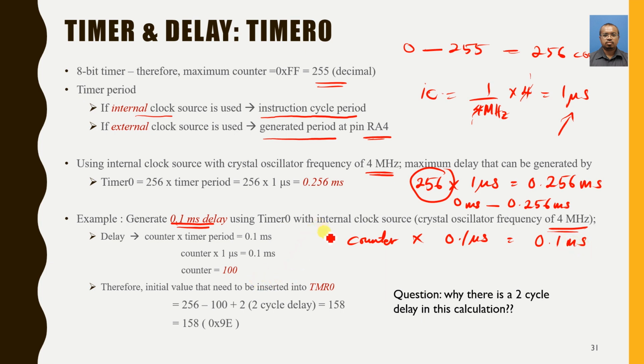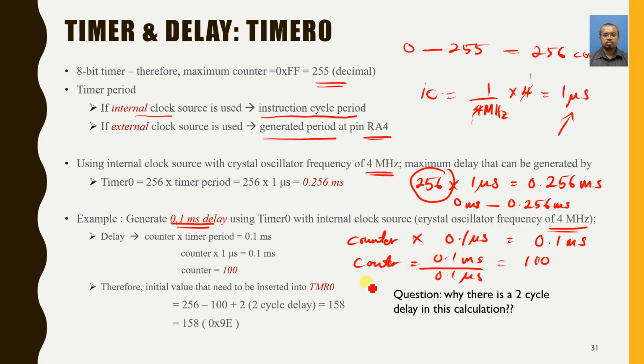So what is the amount of counter that we need? The counter that we need is 0.1 millisecond over the period, so you have 100.